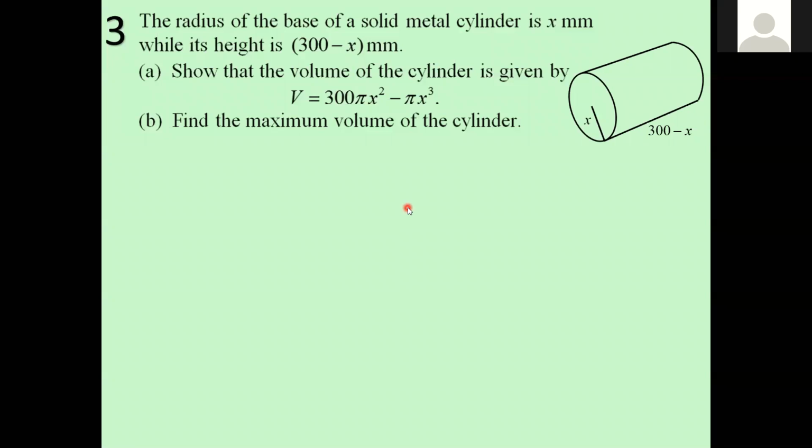Top man. Right, so volume is equal to pi r squared times h. They're telling us that our radius is x, so we're going to substitute x. We've got the height, which is 300 minus x, so you're going to substitute. Let's give you some time, quickly substitute.